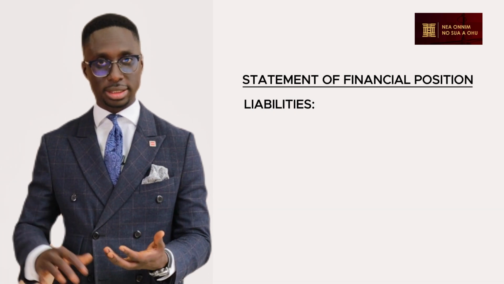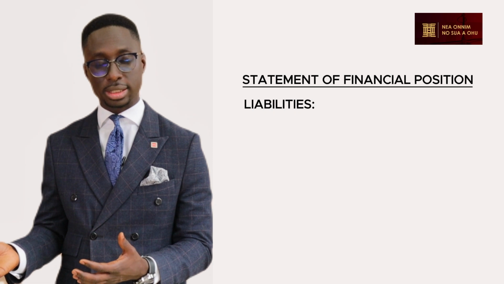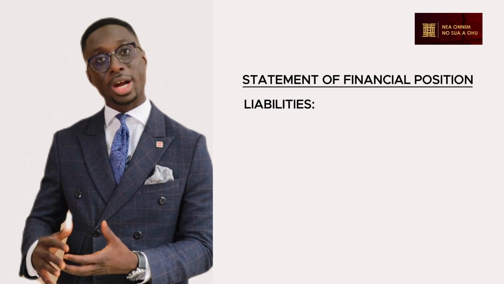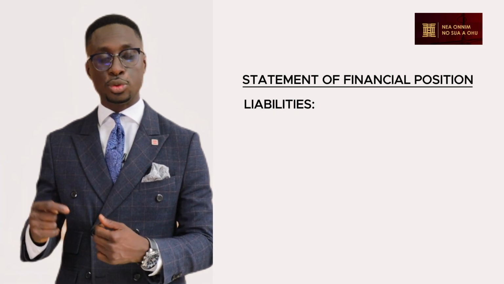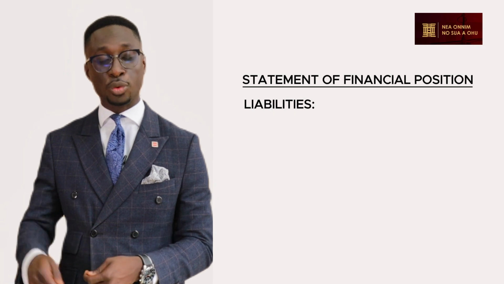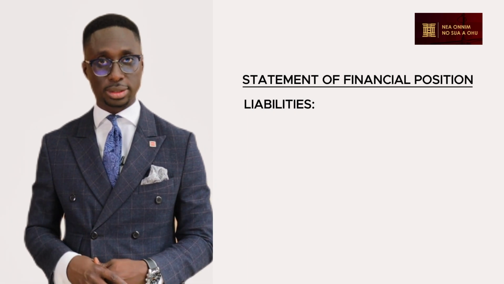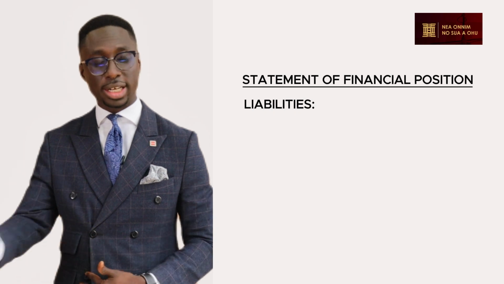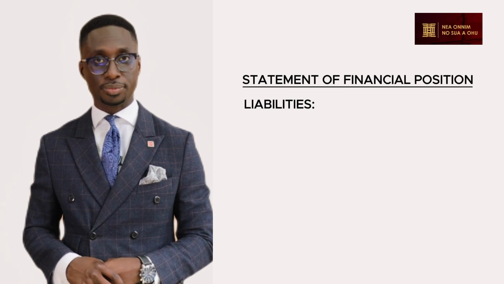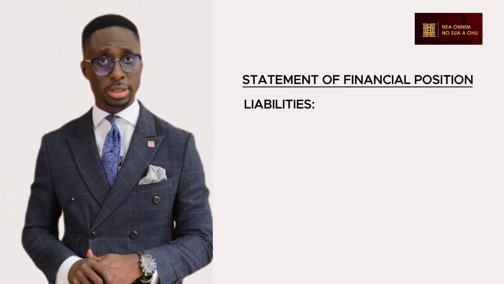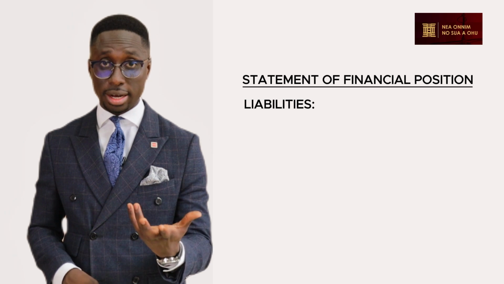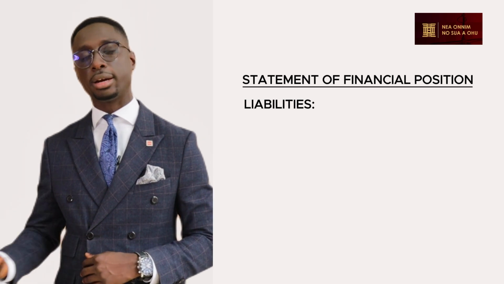And as you can imagine, the converse is the case for current liabilities. For current liabilities, those are obligations that will fall due within the next accounting cycle, the next accounting year, or the next 12-month period. So that is the main distinguishing element between non-current liabilities and the current liabilities.